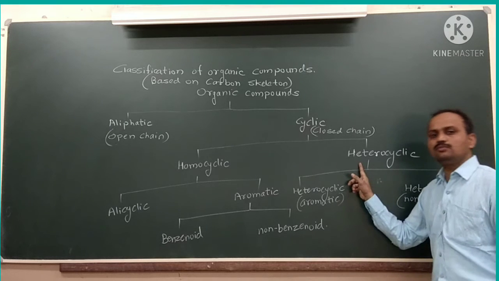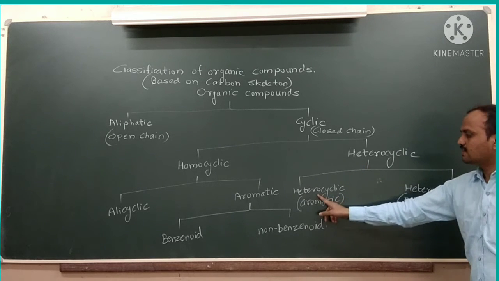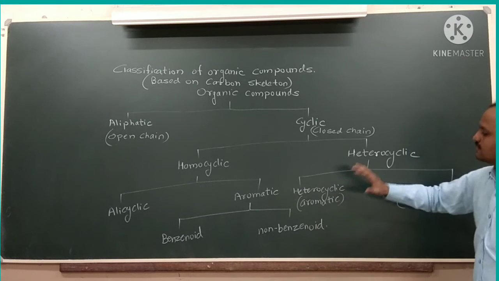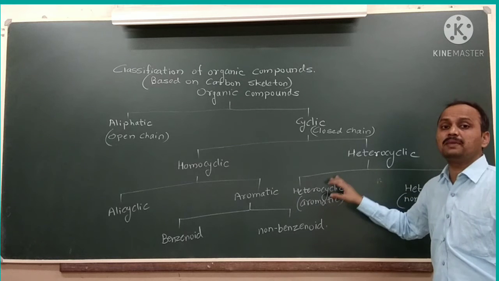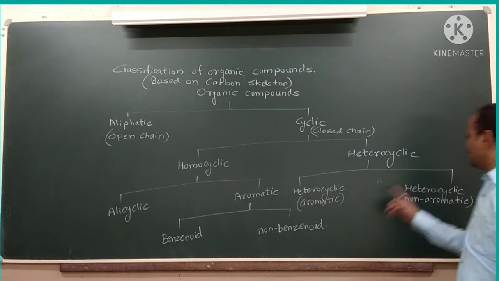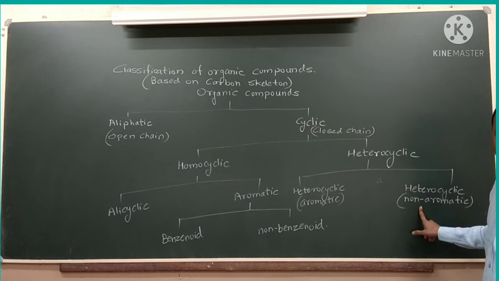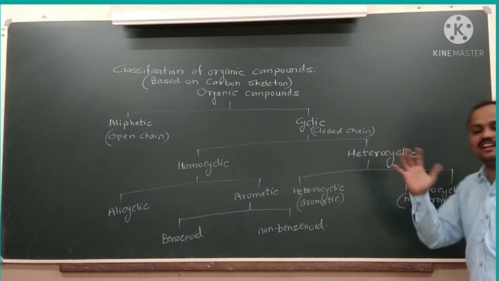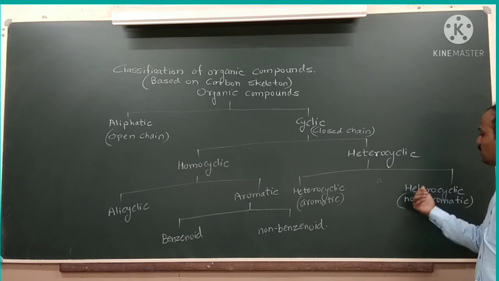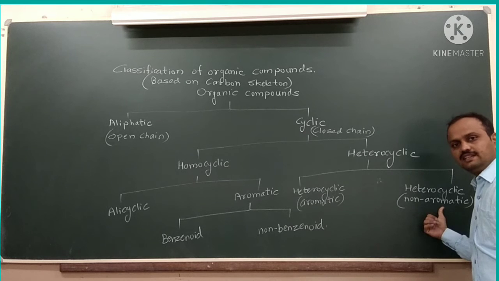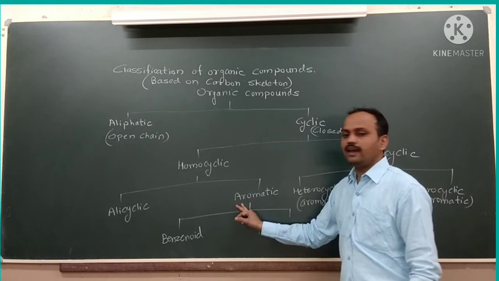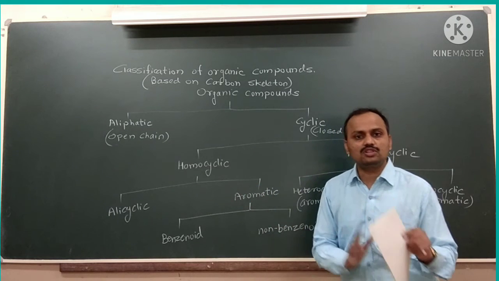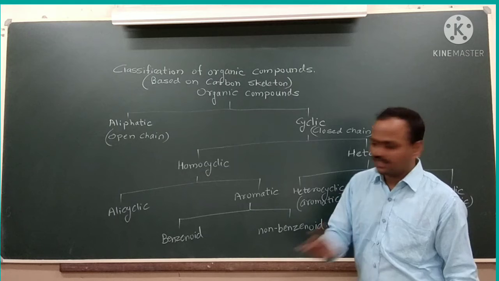Our heterocyclic compounds are further classified as heterocyclic aromatic and heterocyclic non-aromatic. Heterocyclic aromatic means their structure resembles the benzene ring. Heterocyclic non-aromatic means they contain an element other than carbon, and their structure does not resemble benzene. Students, in aromatic compounds, a very important part is having a benzene ring in it.